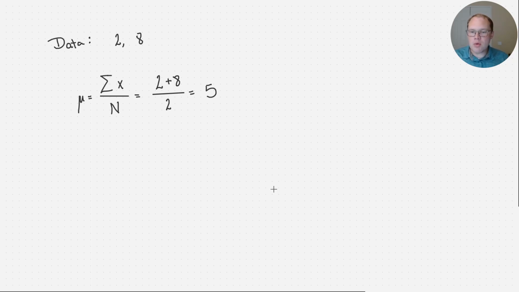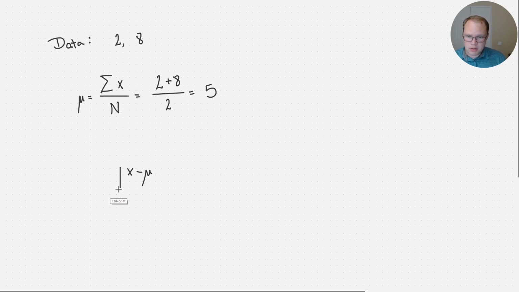Now, we want to find the standard amount the data deviates from the mean. So how are we going to do that? Well, the first thing we're going to do is calculate how far each data value deviates from the mean. So for each data value, we're going to calculate x minus mu.